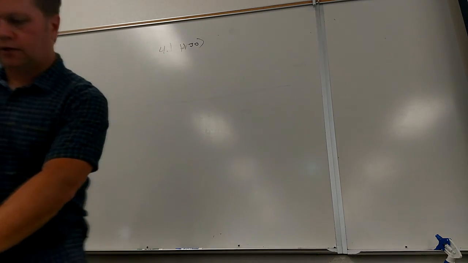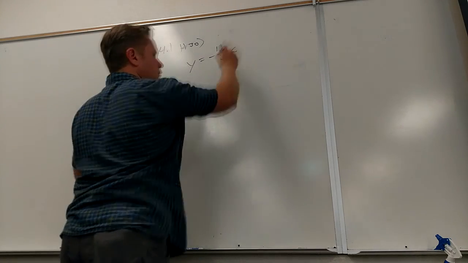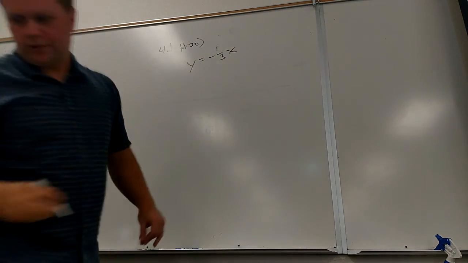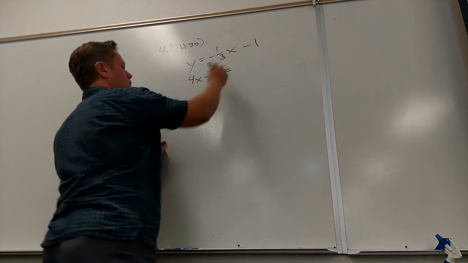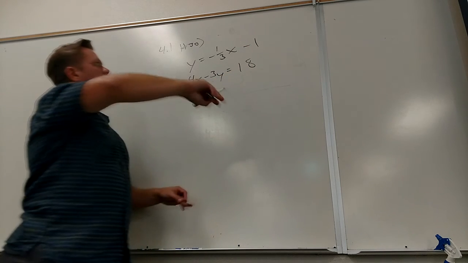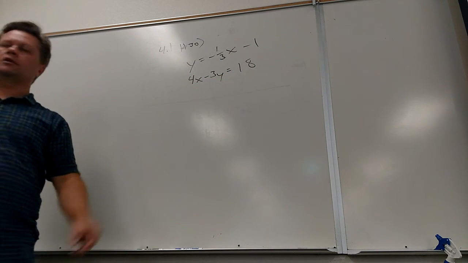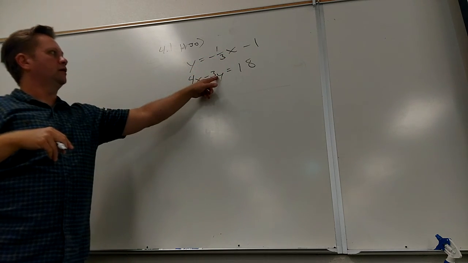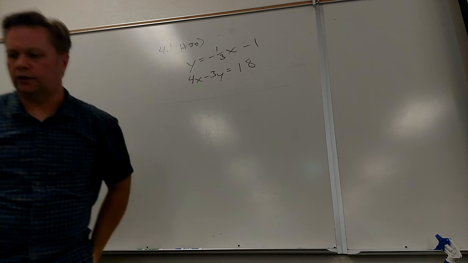So number 30 says this. Plus 1, minus 1. Now, if I was going to let you do this using substitution, I could plug that in here and go to town, but this is the section that says solve it graphically.